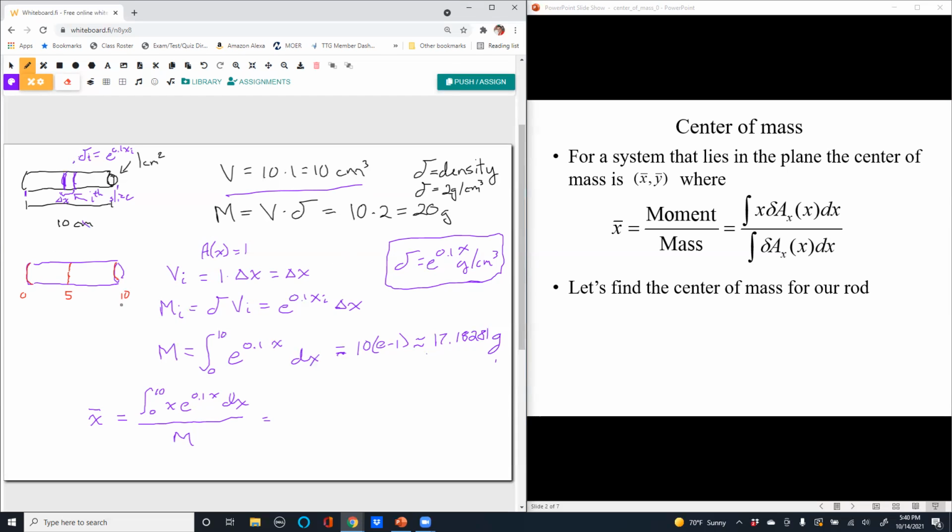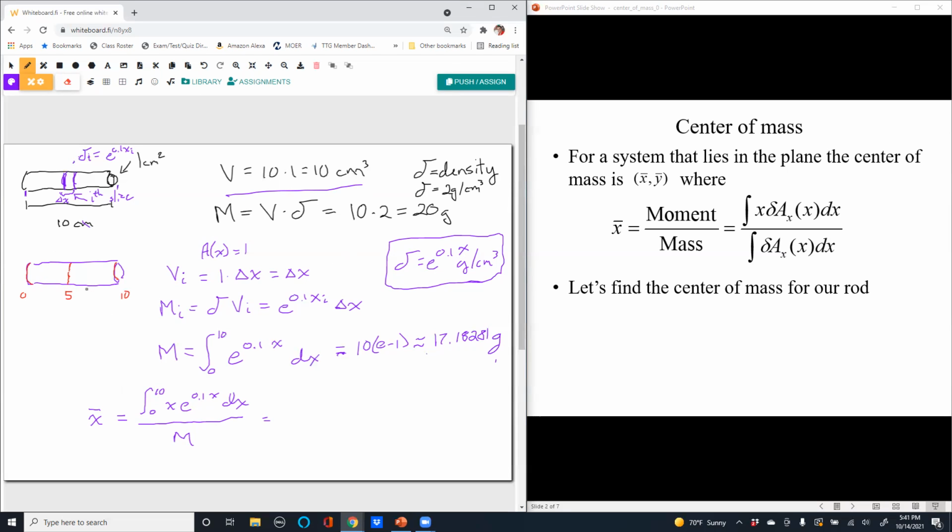So I kind of gave away that it's not at 5. So the question is, should the center of mass be over here? Or should it be over here? What do you guys think? And think about what it means to have an increasing density.